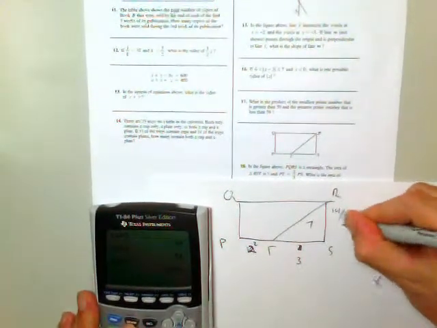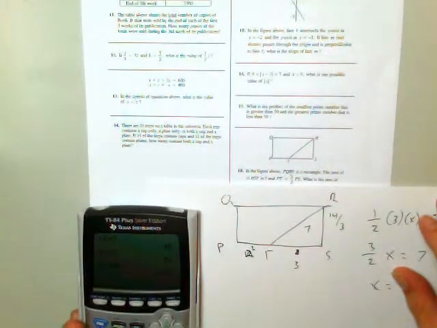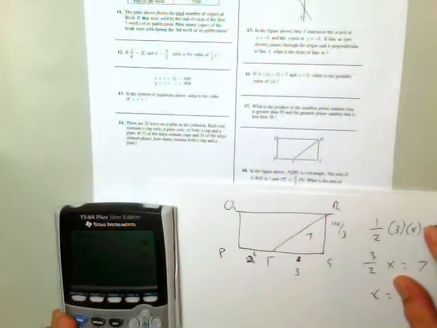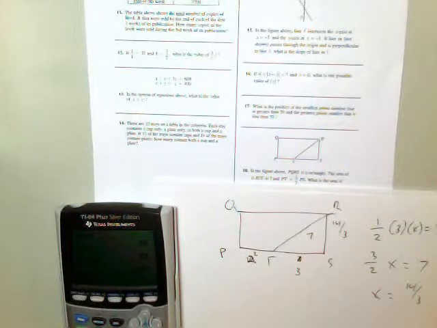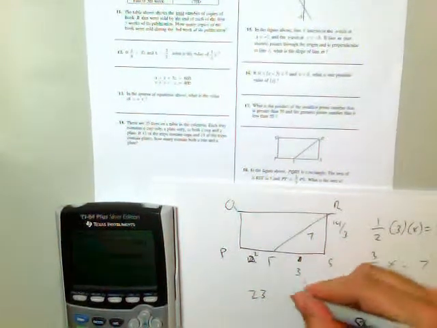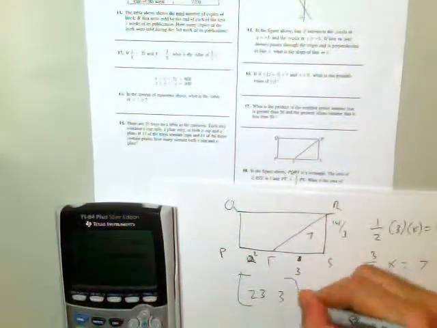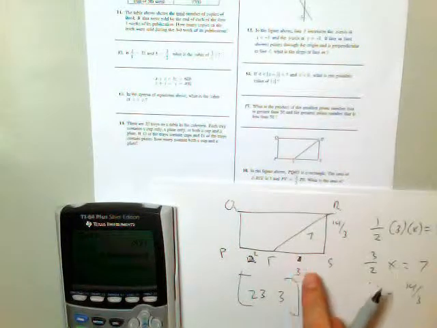This is 14/3. Is 23.3 repeating. Okay, what's going on here? Make sure I've got time.